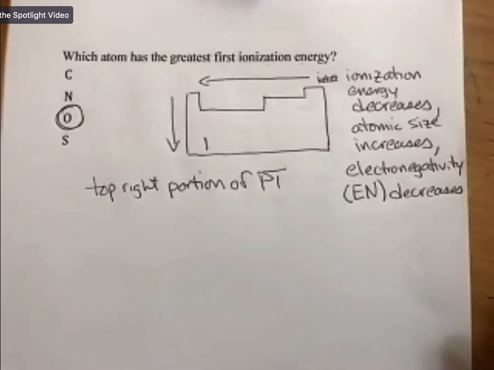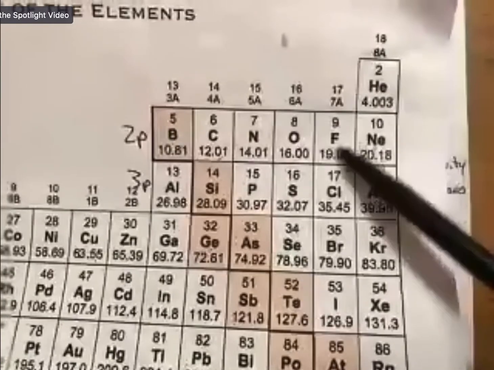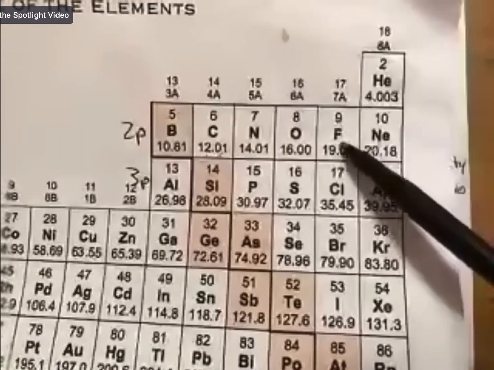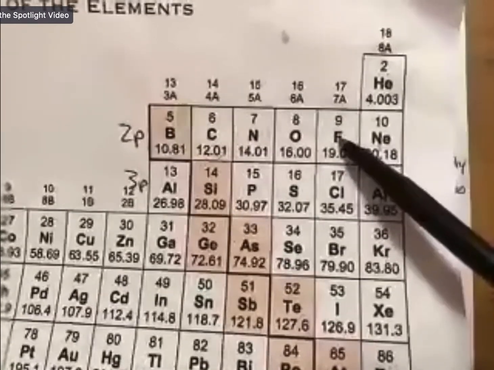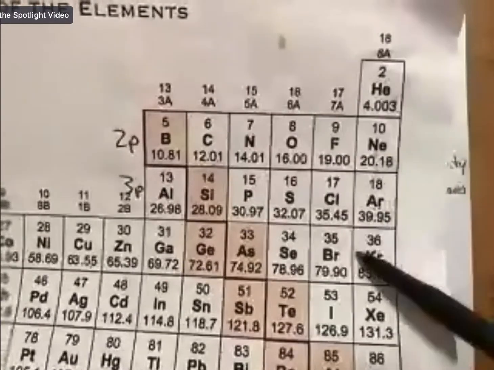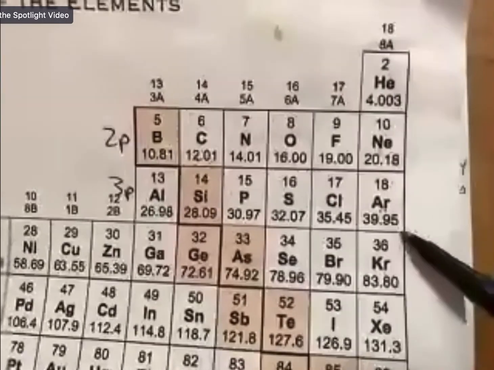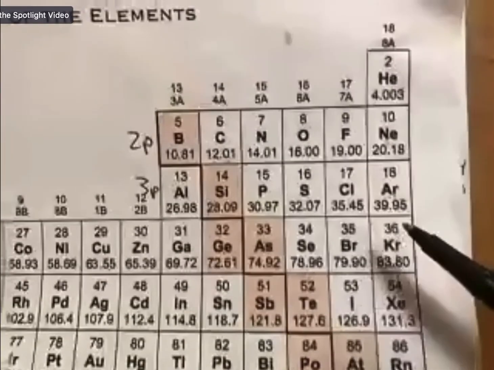And you can see that looking at these elements, so fluorine has probably one of the highest first ionization energies. We tend to typically leave the noble gases out of these trends because they don't really bond, and we're using this for bonding purposes.